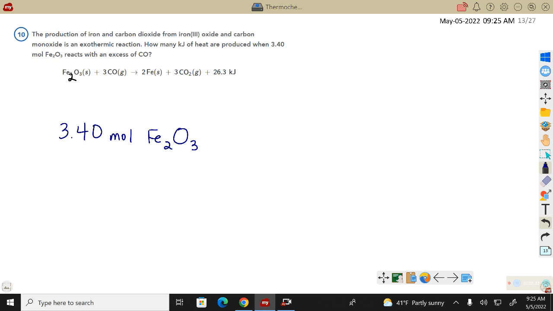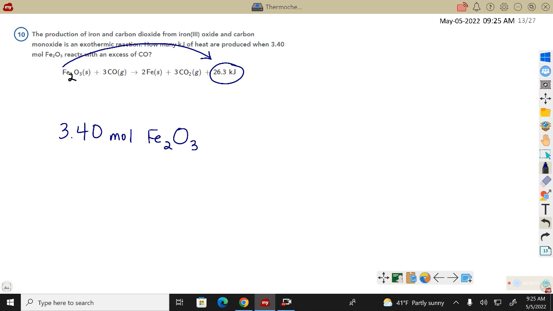All right, so Fe2O3 reacts with excess carbon monoxide, which is fine. It's just telling me that carbon monoxide is in excess, so by process of elimination, the iron oxide must be the limiting reactant. All products formed are dependent on when the limiting reactant runs out. And one of those products is energy.